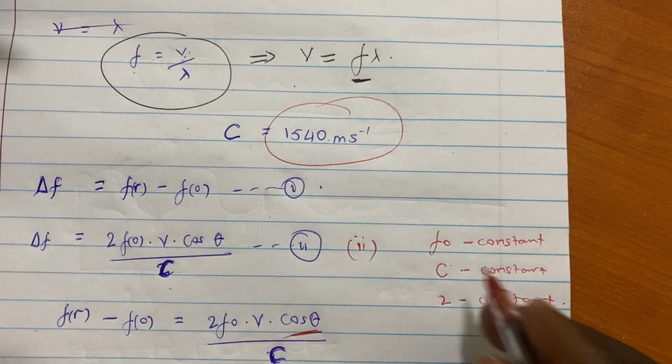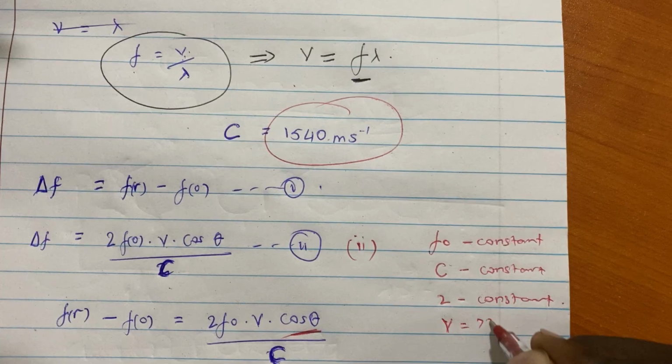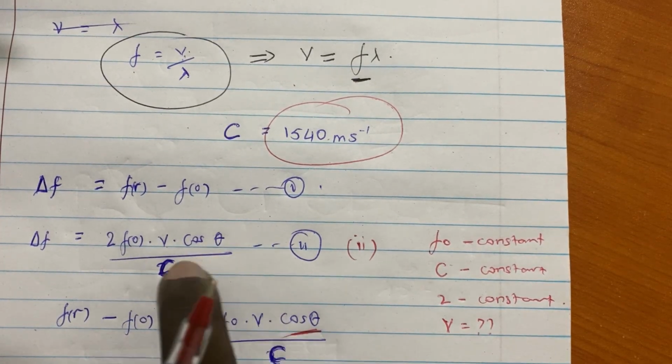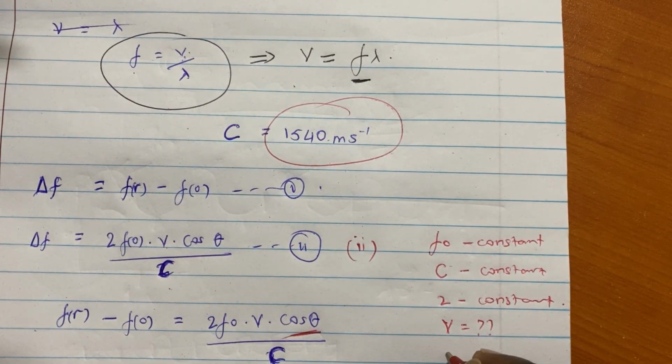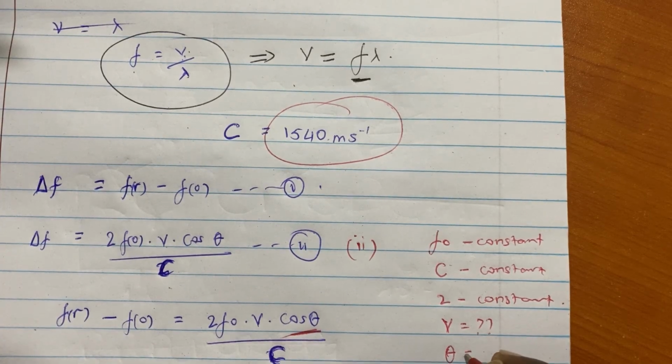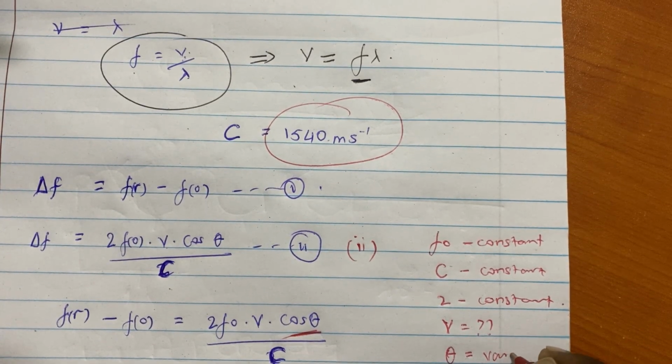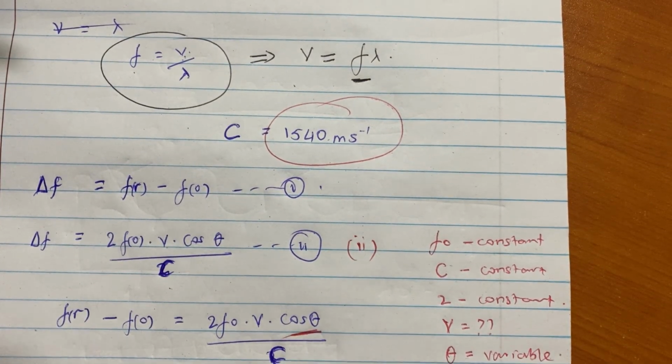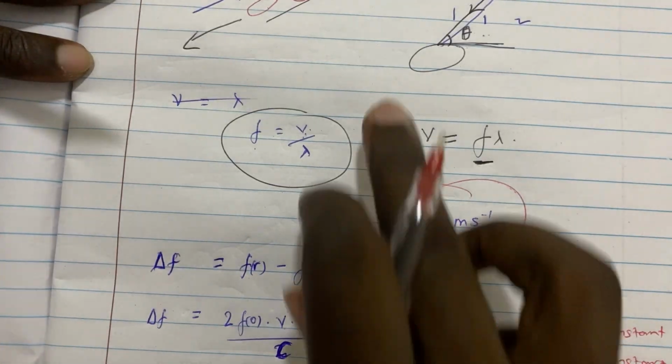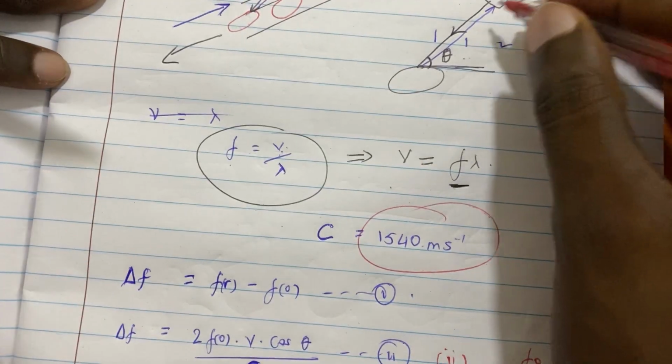We don't know V. And then theta changes, it is variable.